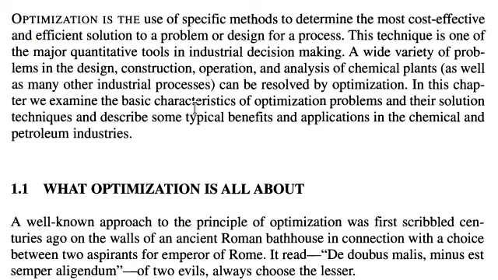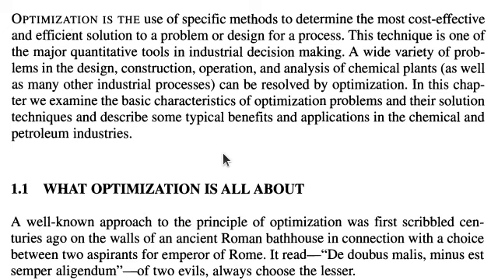If you are talking about chemical engineering, cost is not sufficient. You minimize the cost, but your process should be efficient also. So that is the aim of optimization, that to determine the most cost effective and efficient solution to a problem, or if you are designing the process.